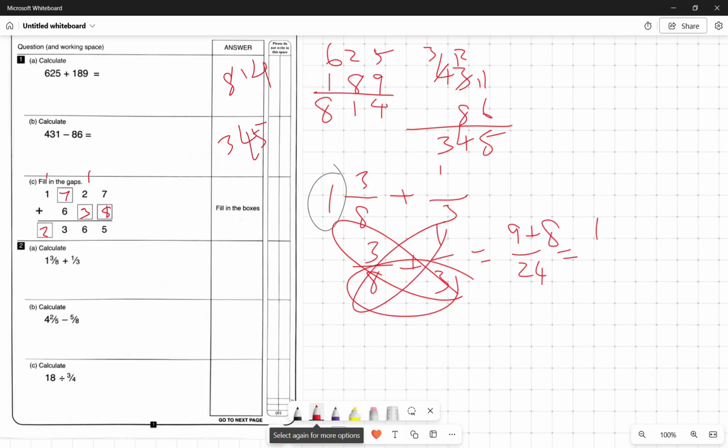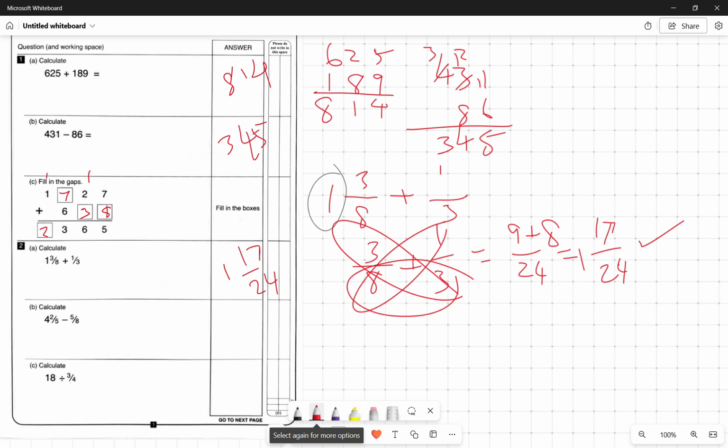So you get 17 over 24. The whole number we separated, 1, goes back in front, so 1 17 over 24. This is your final answer for question number 2A.